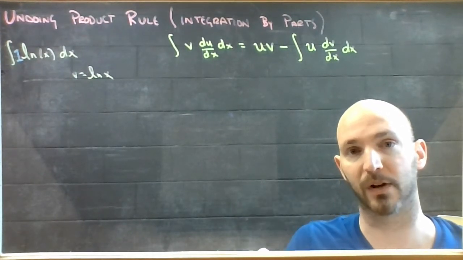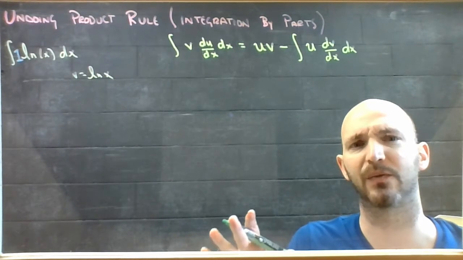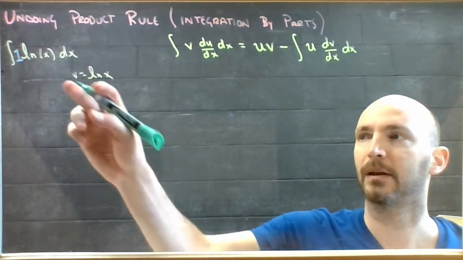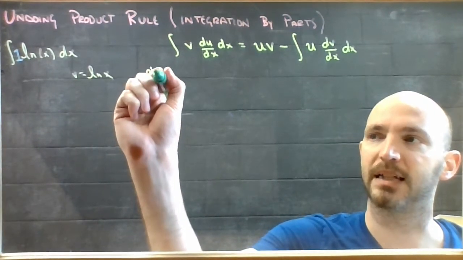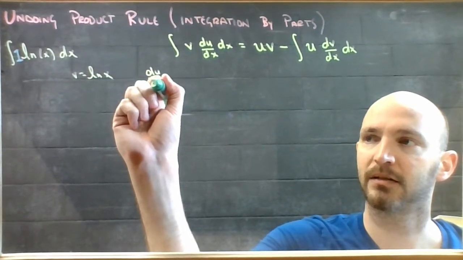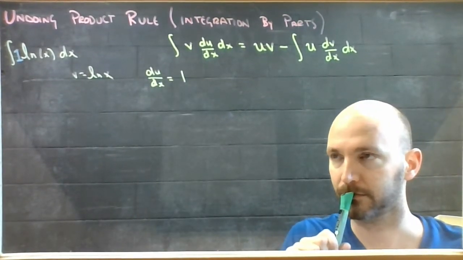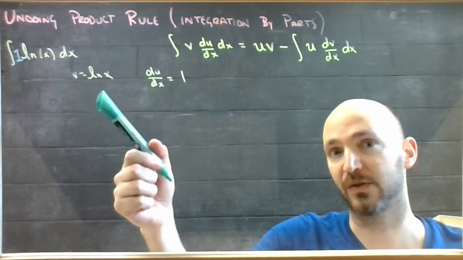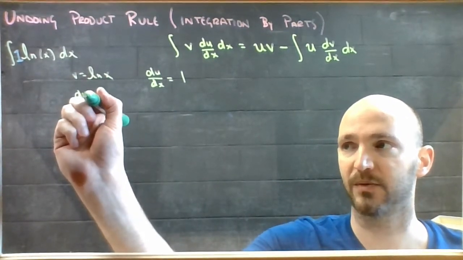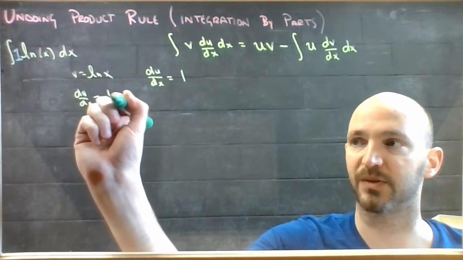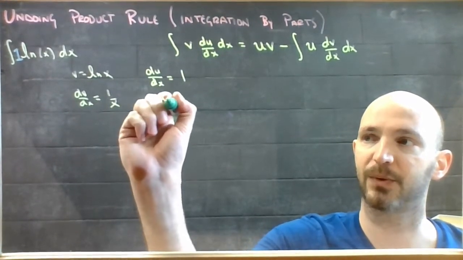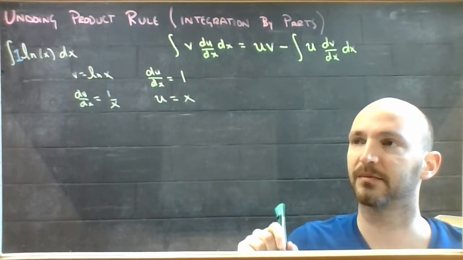It will be 1 over x, and that's an easier function for me to manage. I'm going to make the du by dx the 1. So if I make those choices, the other two puzzle pieces would be the derivative of this one, which is 1 over x, and the integral of this one, which is just x.